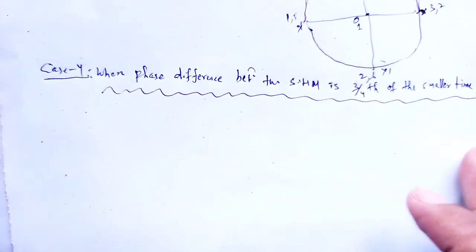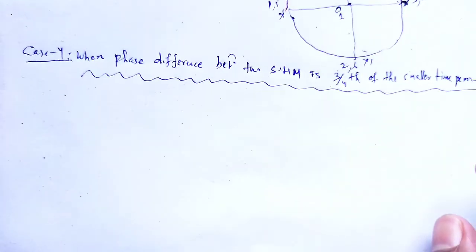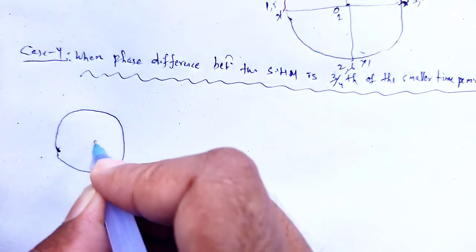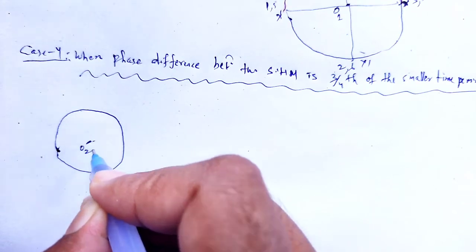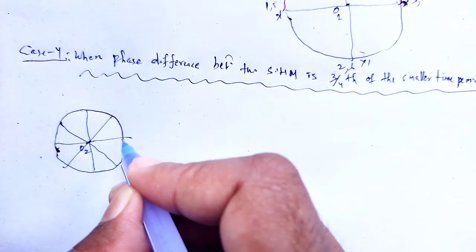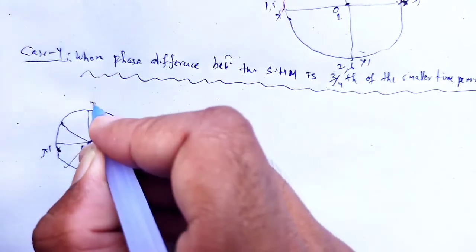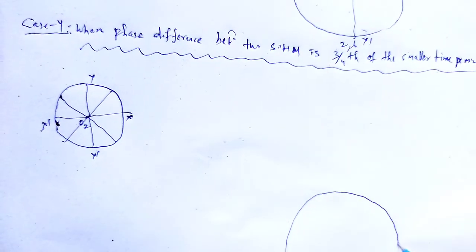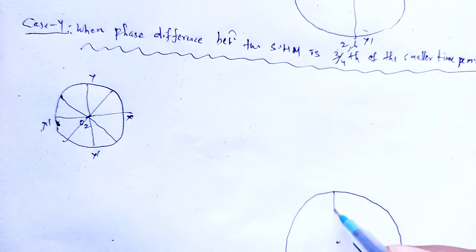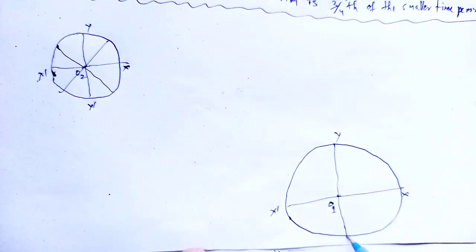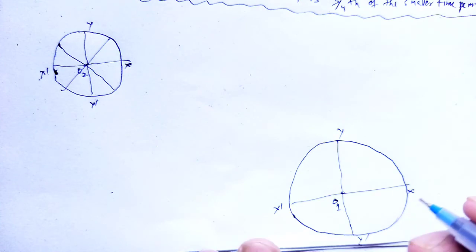Let me draw that Lissajous figure in a similar pattern. Dividing it into 8 similar parts, YO, Y dash, into 4 different parts.